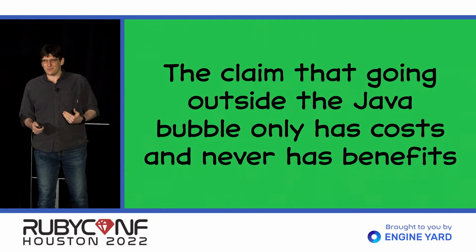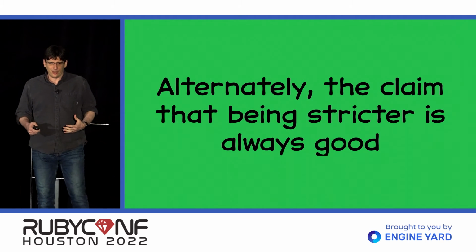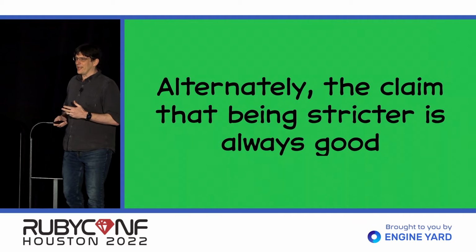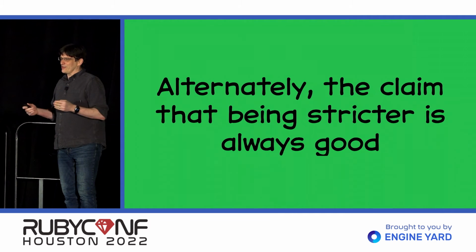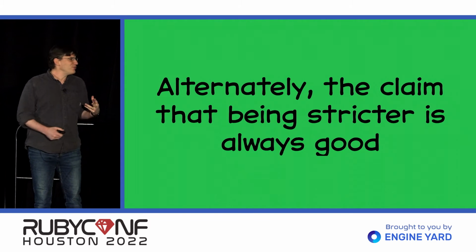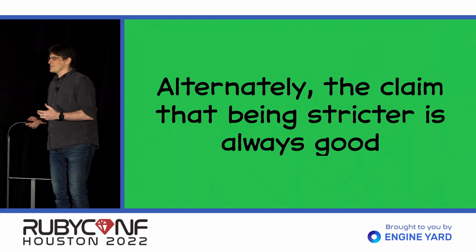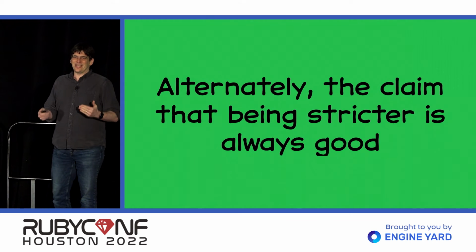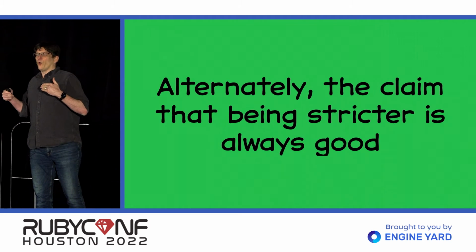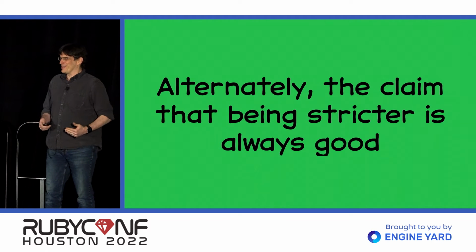You sometimes see this specifically with static typing, the claim that being stricter is always good. You will sometimes see advantages of static typing without seeing corresponding disadvantages of static typing. I refuse to believe that of all the things in programming and development that have trade-offs and good things and bad things, static typing and not doing dynamic things is the only thing that has costs and never has benefits.